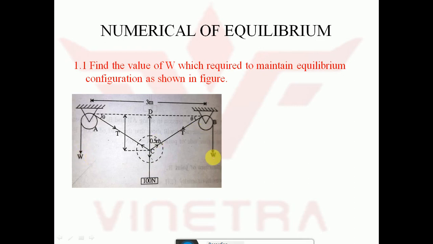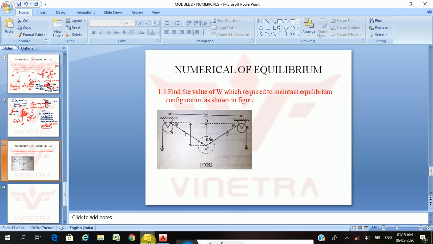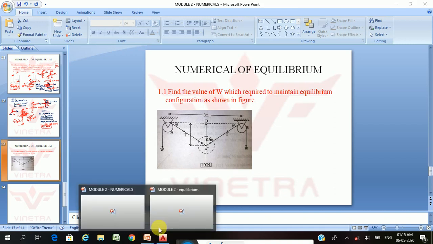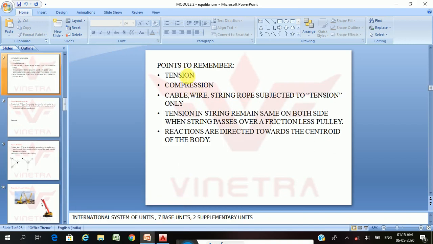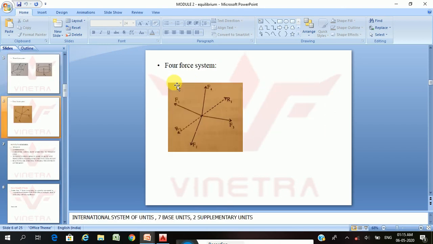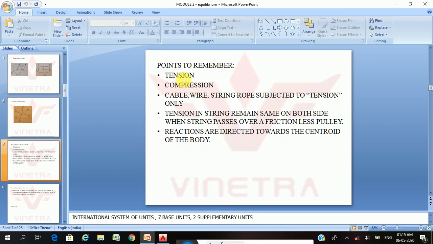To solve this, there is a simple trick. While explaining equilibrium, I asked you to remember a few points. Here I will show you those points: points to be remembered while solving equilibrium. After solving equilibrium, I showed what is tension and what is compression.